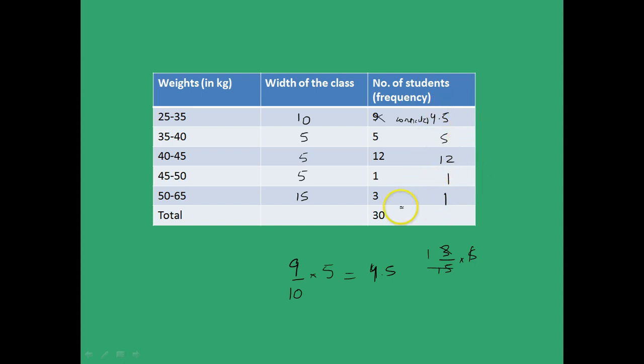But keep in mind that it might be again misleading here to say that this is 5 plus 5, this is 10, 10 plus 12 is 22, and 22 plus 2 is 24, and that we have actually missed some data points.